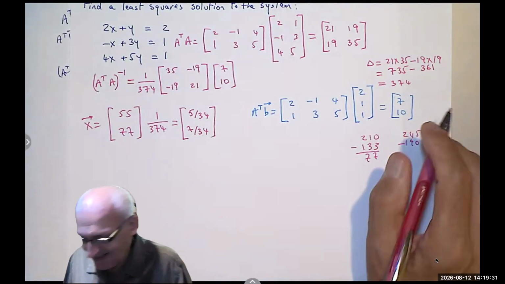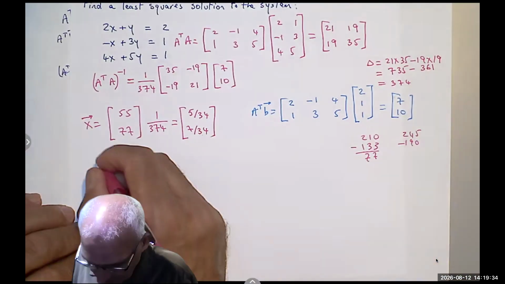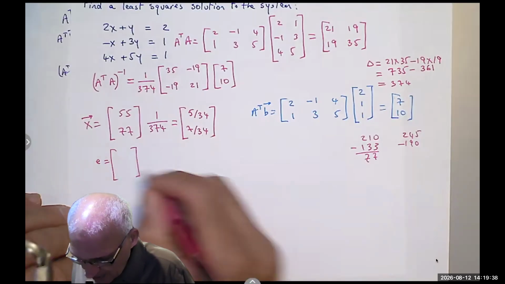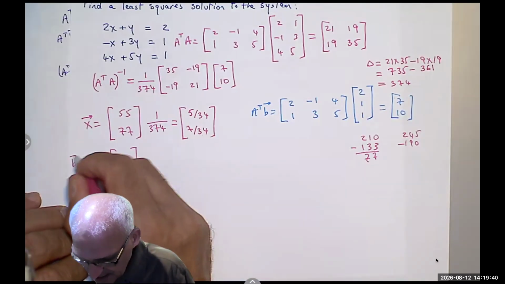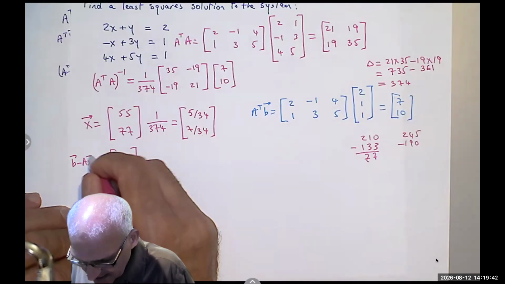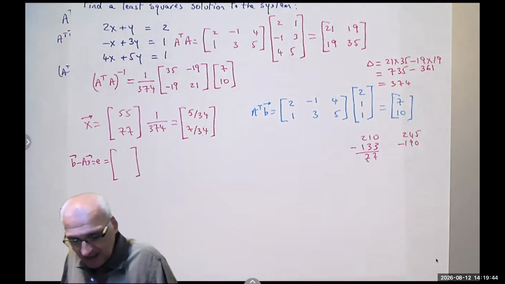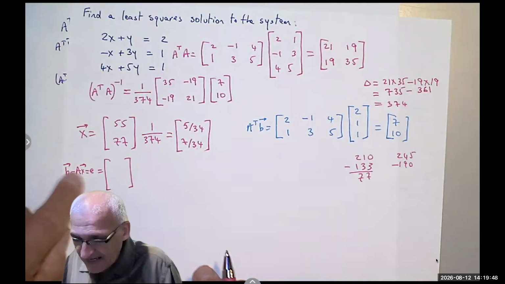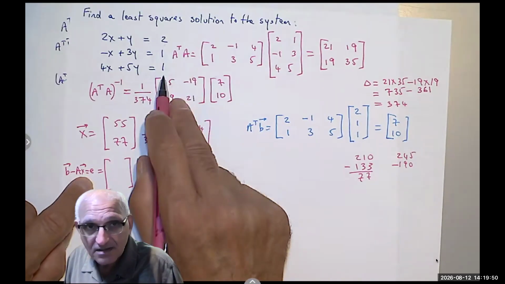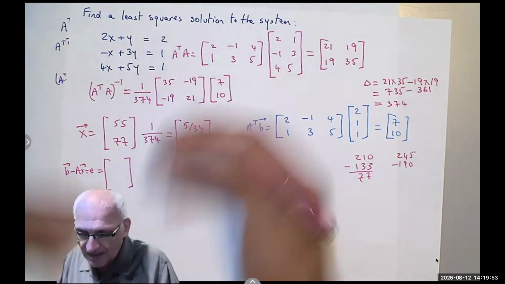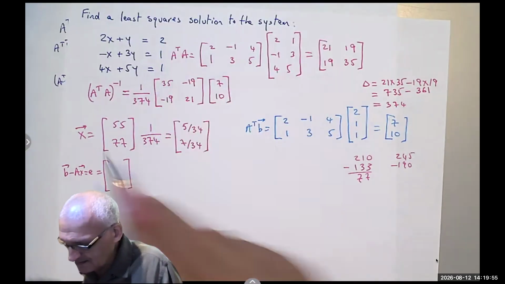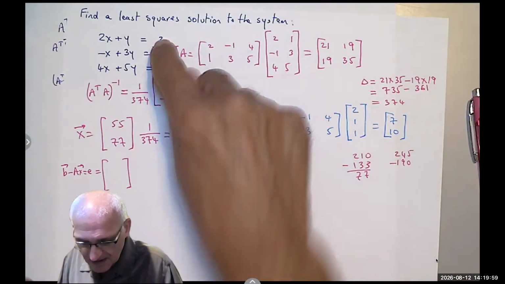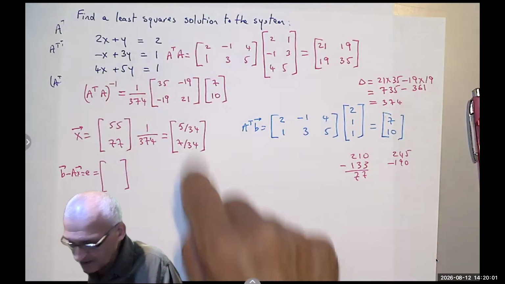Okay. So if I want to calculate the error matrix, which is B minus AX, B is the actual number and AX is my estimate.